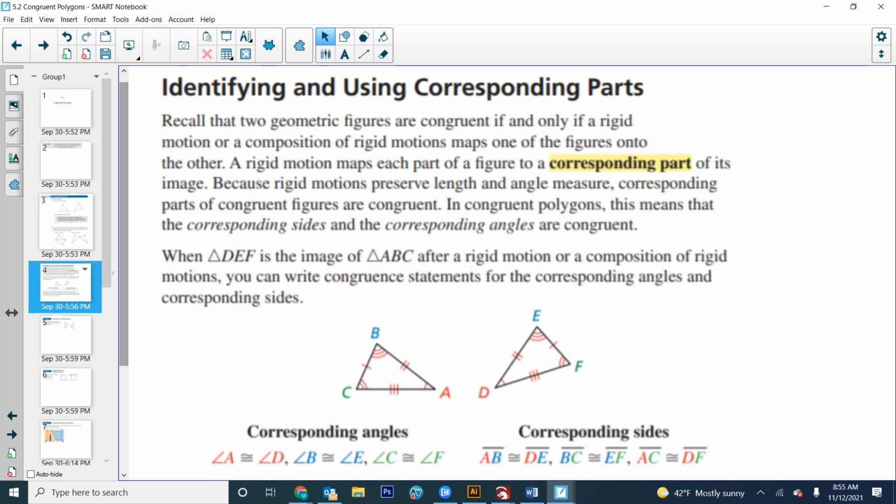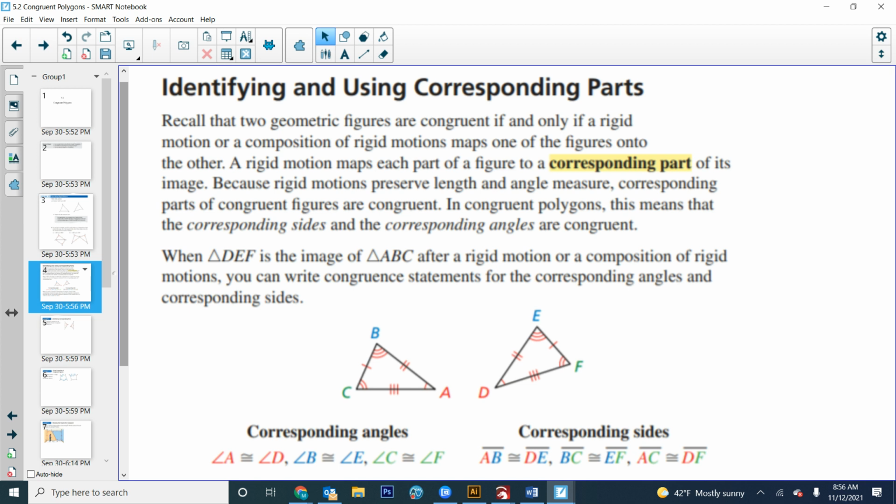The biggest idea here, and I bet this isn't much of a stretch for you: if I'm going to show two polygons are congruent, do you agree I'd have to show all the corresponding parts of the polygons are congruent? Meaning all the angles and all the sides have to match up exactly. Let me say it again, in case you're zoning out.